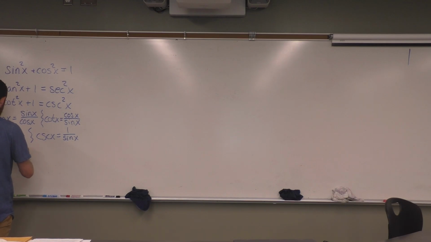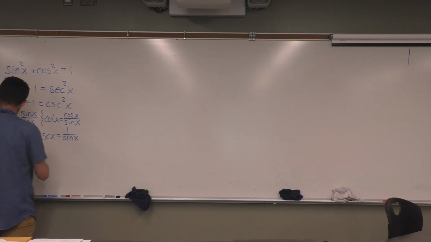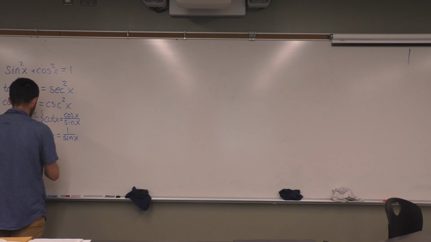Meaning that if you plug in an argument of the opposite sign, you output the opposite sign. So sine of negative x is equal to negative sine of x. For example, sine of pi over 3 is the opposite sign as sine of negative pi over 3. But for all x, that's true.